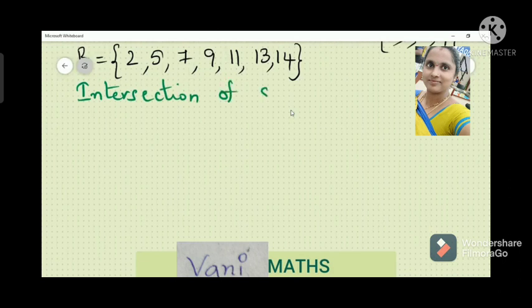Intersection of sets. What is its symbol? This one.